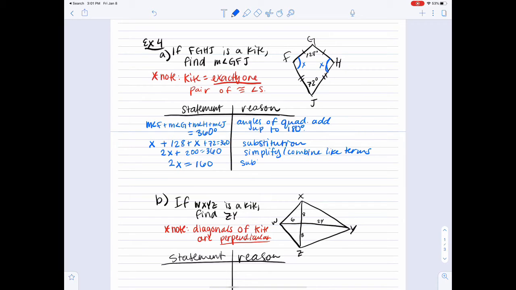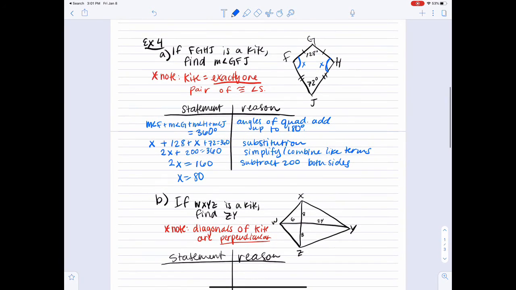That's subtract 200, both sides, and x equals 80. And remember, x is a degree, so we can put a degree symbol here. And actually, we're trying to find the measure of GFJ, so we need to write it in that form. Measure, oh sorry, let me finish this. Divide by 2. Okay, so we need to write it in the way they're asking up here. Okay, so measure of angle GFJ equals 80 degrees, because that's the same as x.